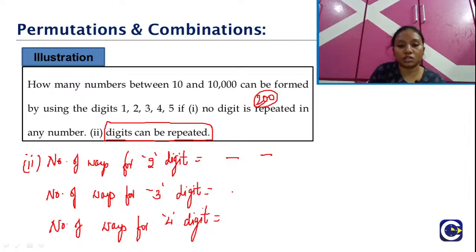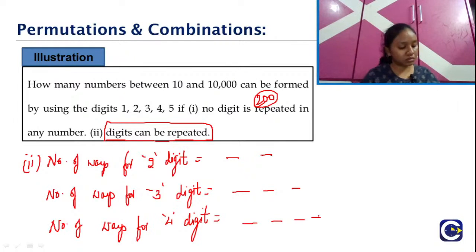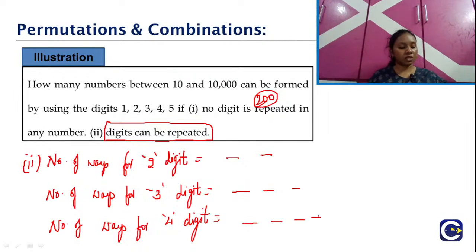So 2-digit, 3-digit and 4-digit. So let me check for the answers.